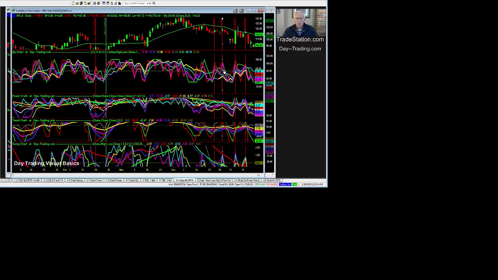It still works for us, and in fact, you can see here the next 3 days, between the second and third day, we had a huge gap there. It closed on that second red candle at 114 and opened on this green candle here at 109 even.